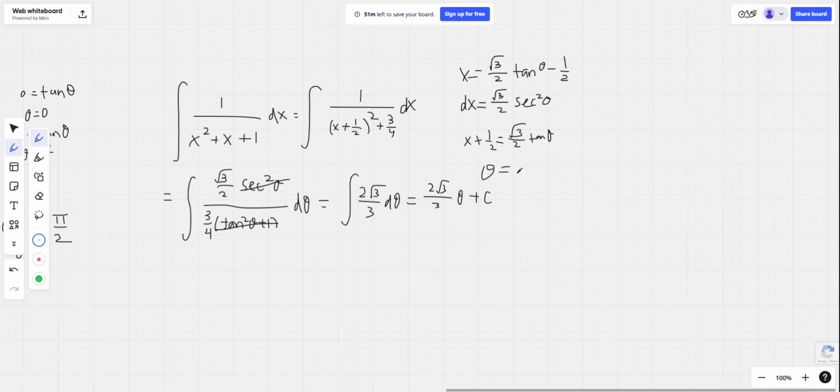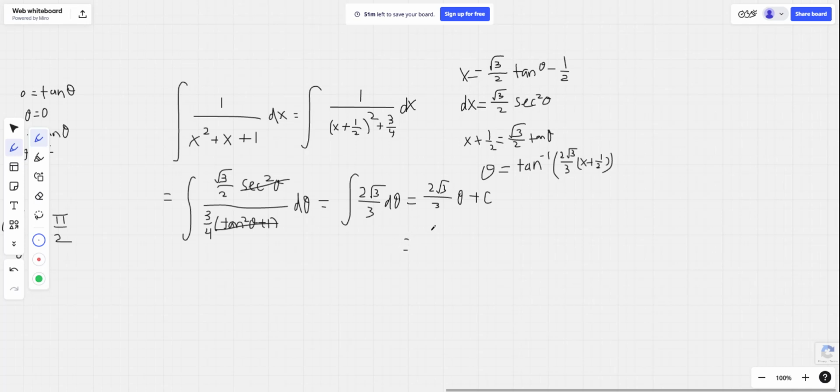You're left with theta equals the inverse tangent of 2√3 over 3 times the quantity x plus 1/2.